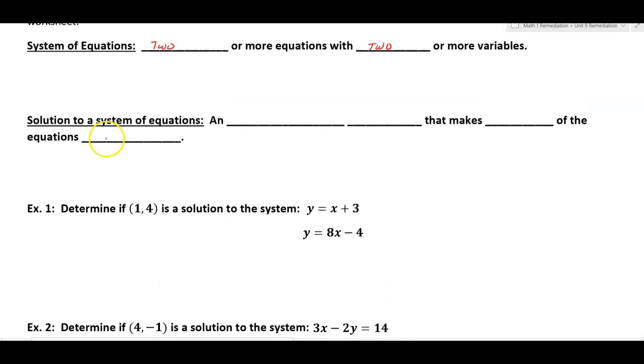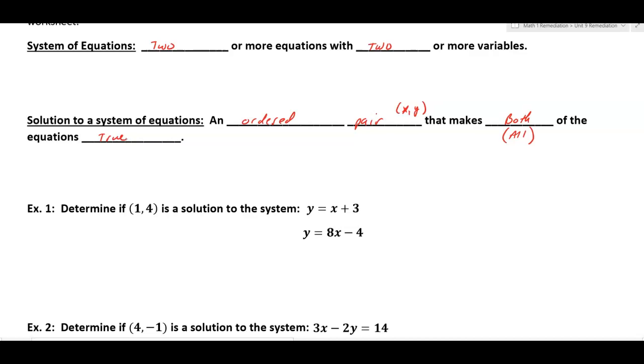A solution to a system is an ordered pair. And remember, anytime we talk ordered pair, we're talking x comma y, like a point in the coordinate plane that makes both, or if there's more than two equations, all of the equations true.